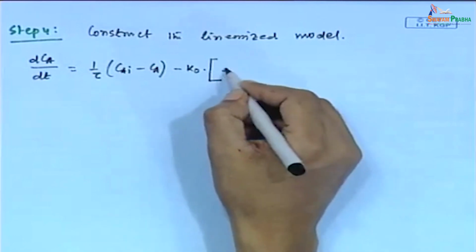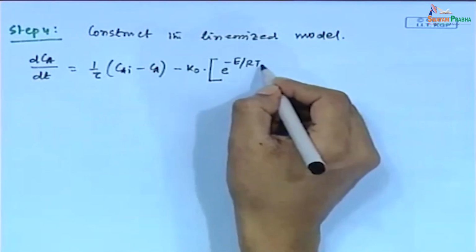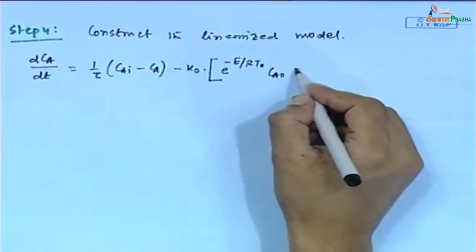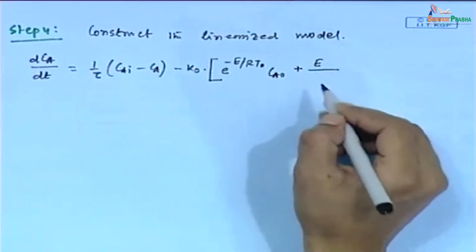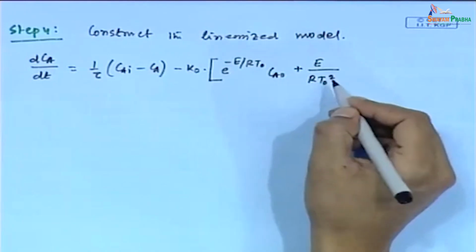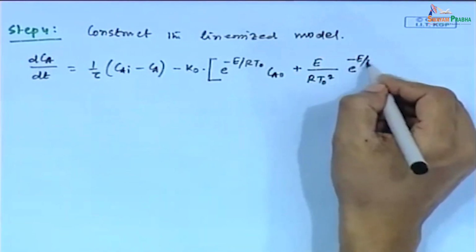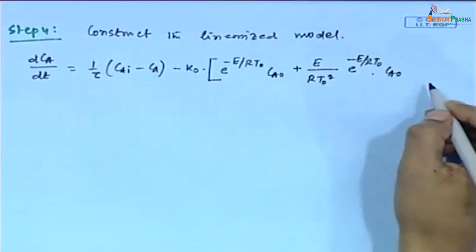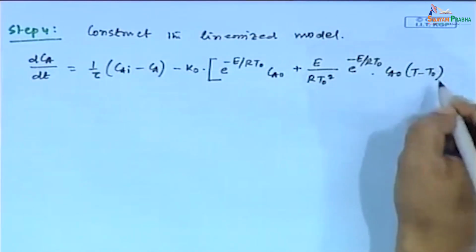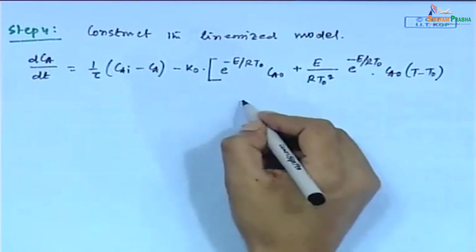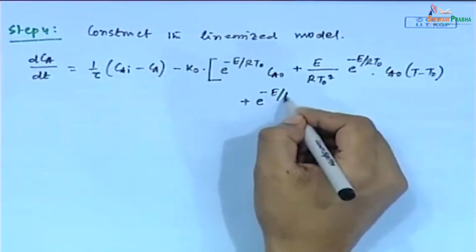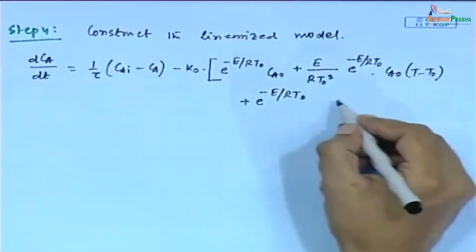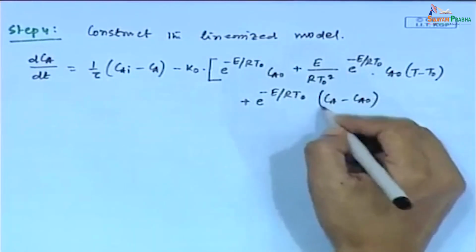So, k naught exponential of minus E divided by R T naught CA naught plus E divided by R T naught square, exponential of minus E divided by R T naught CA naught, T minus T naught, and the last term is exponential of minus E divided by R T naught multiplied by CA minus CA naught.